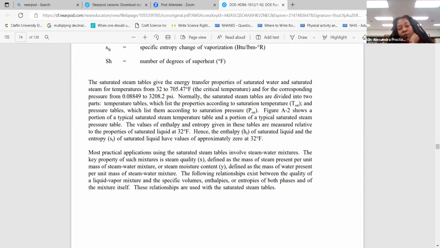Normally these steam tables are divided into two parts: temperature tables, which list the properties according to the saturation temperature, or T sub sat, and pressure tables, which list them according to P sub sat.